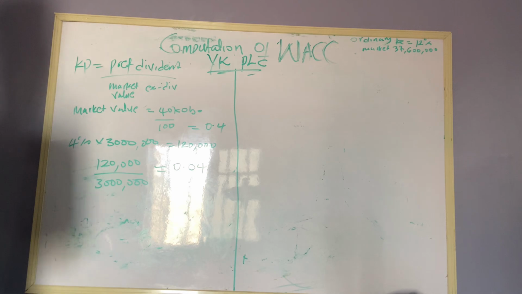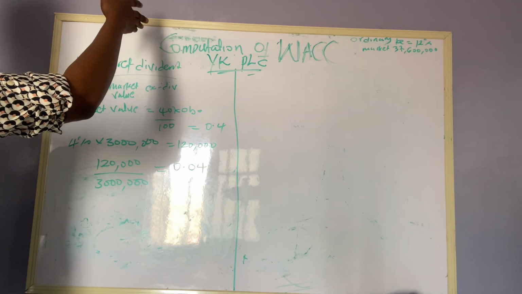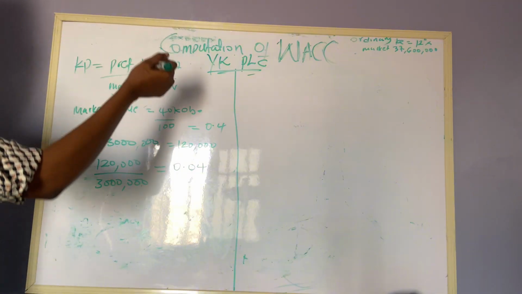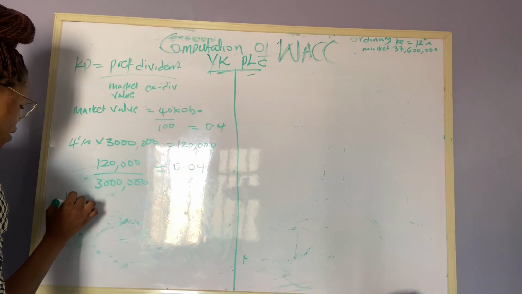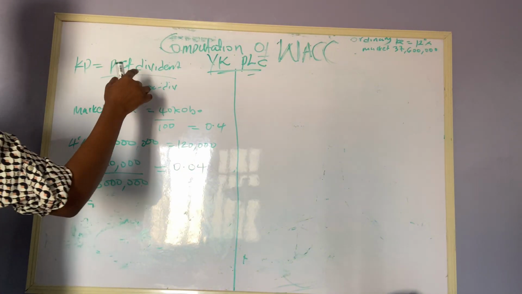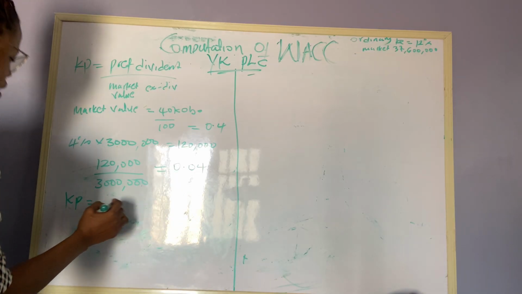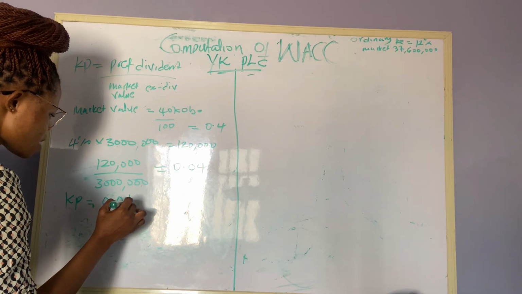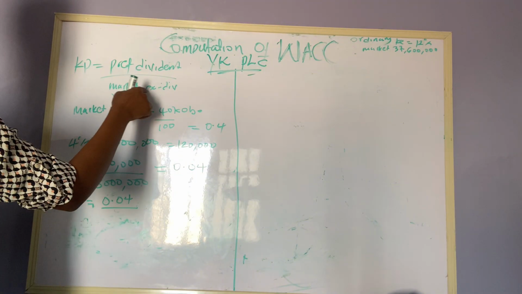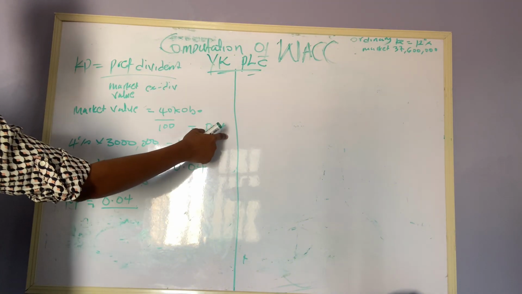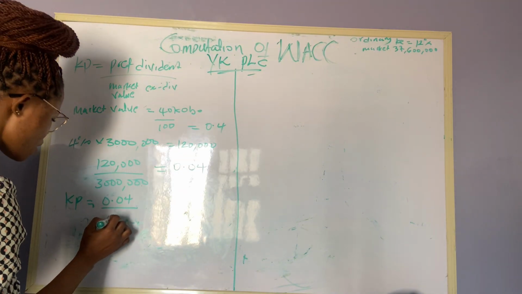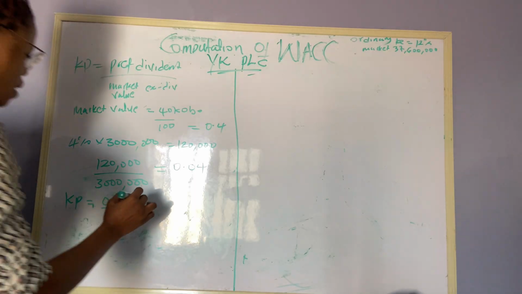So the next thing we want to do now is to impute our formula, right? Bring our formula. Now say Kp is equal to preference dividend. What's our preference dividend? Which is 0.04. Yes, 0.04 divided by the market value ex-div, which is 0.4 kobo.